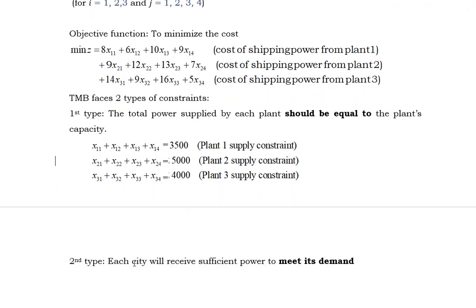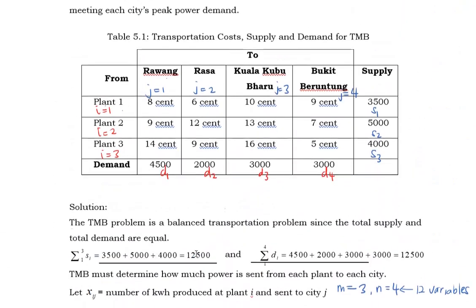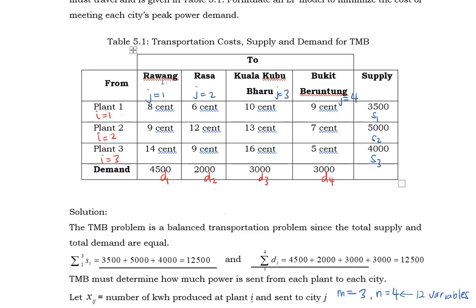Next, we need constraints that ensure that each city will receive sufficient power to meet its peak demand. For example, Rawang must receive 4,500 kilowatt-hour power.